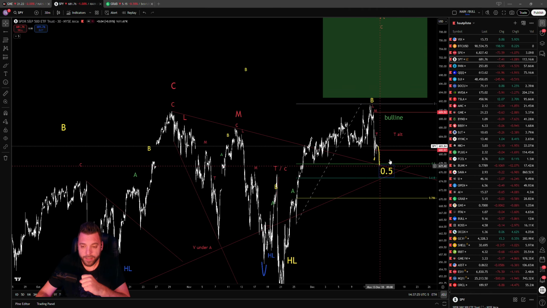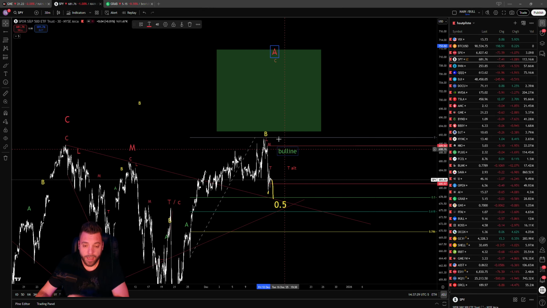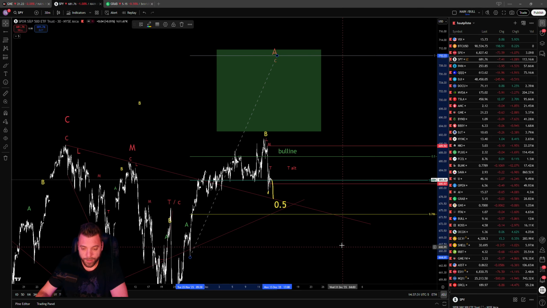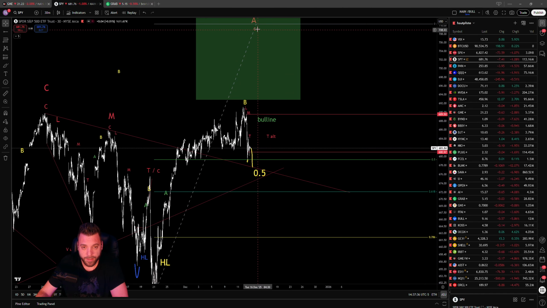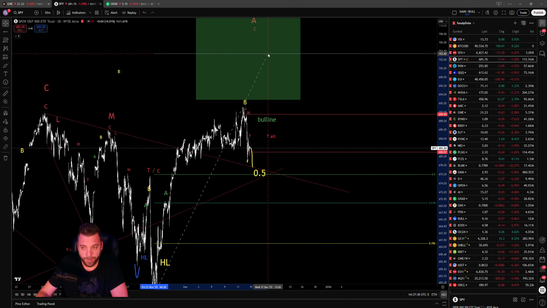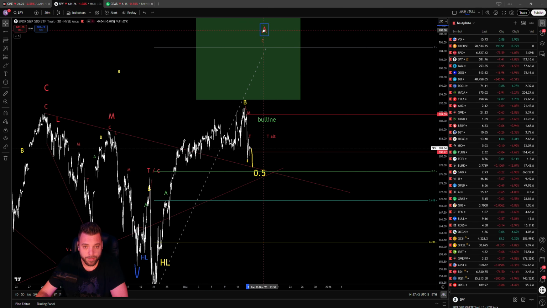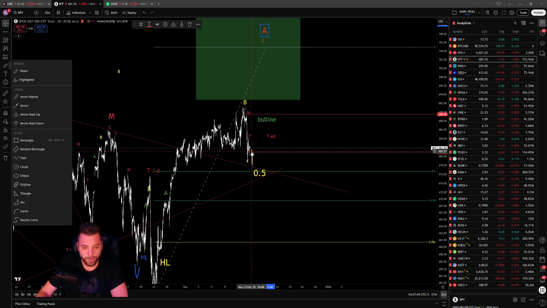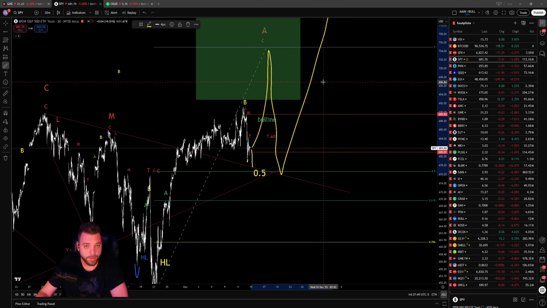Our price target still is up here because this is A, and we don't want to fall into this wedge again. So in that case, our price target is still 704-ish, just to do the breakout retest.